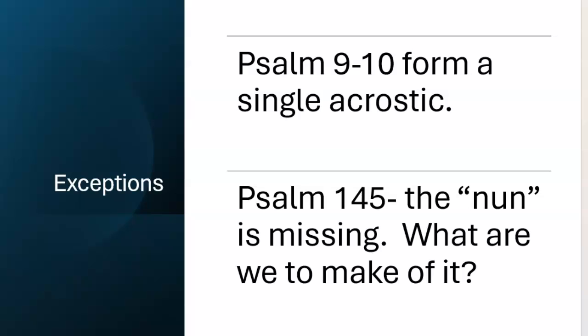So sometimes we want to check and compare it to the content, because you can use the structure to bolster the argument in the content. So Psalm 145, talking about what is good and what is complete in terms of what's coming. And if the nun is missing right now, it's an indication things are not as complete as Psalm 145 will point us toward. I don't know.